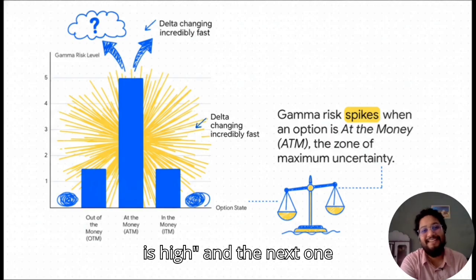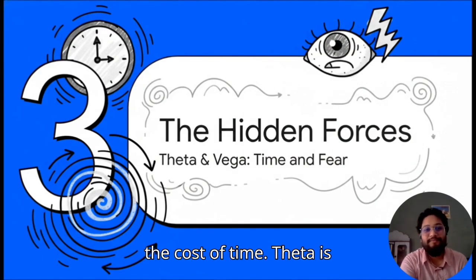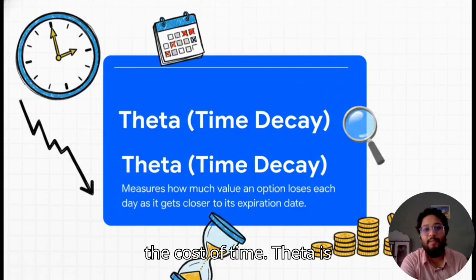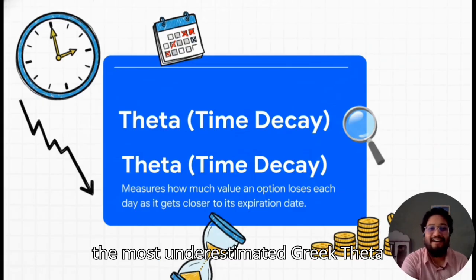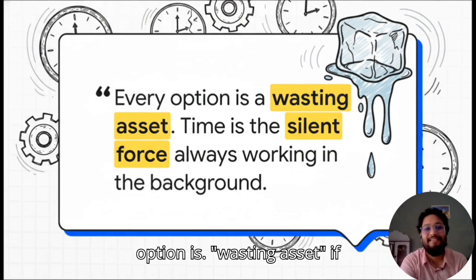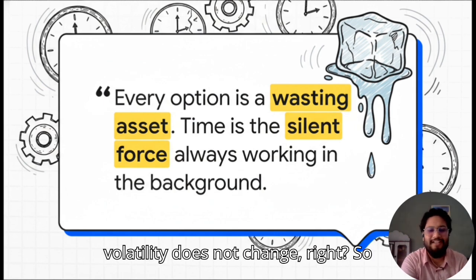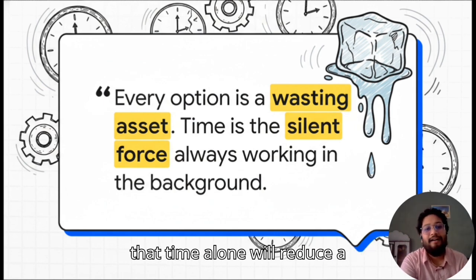And the next one is theta. Theta is the cost of time. Theta is the most underestimated Greek. Theta measures time decay, and every option is wasting a cent even if price does not move and volatility does not change, right? Time alone will reduce option value.